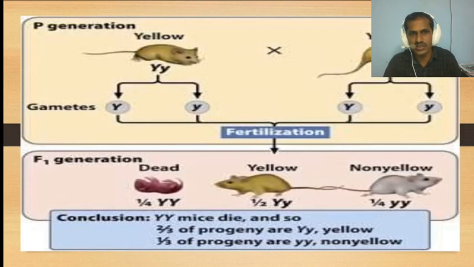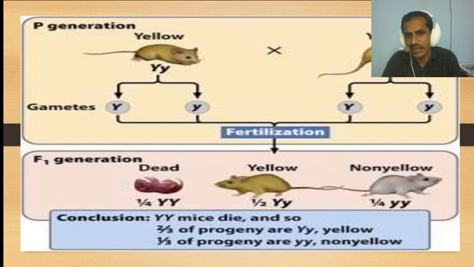Take a yellow mouse with genotype capital Y and small y.